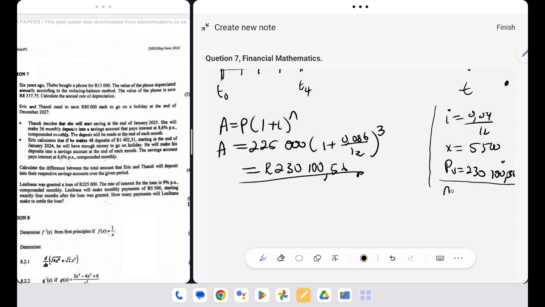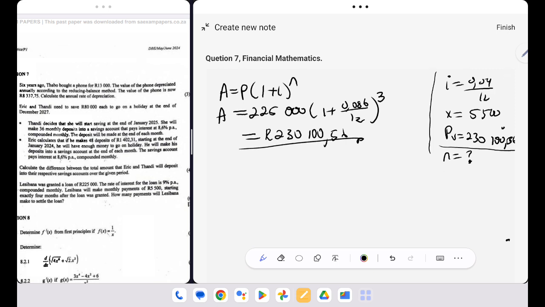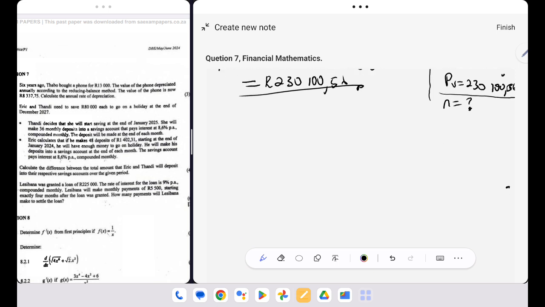So I want to know, how many payments will Utandi make? Since I'm dealing with the value of the loan, you are given the money now. The amount is present right now. Hence, you are using present value.